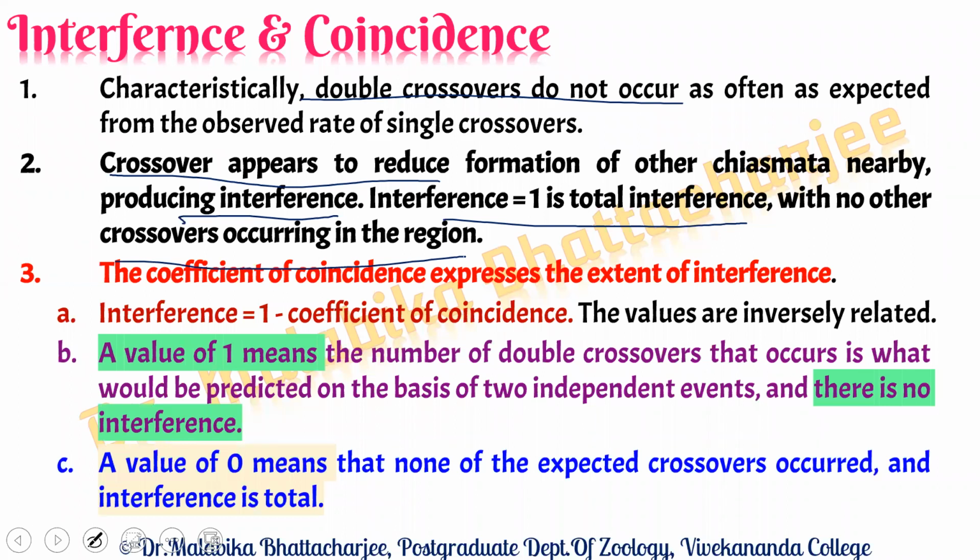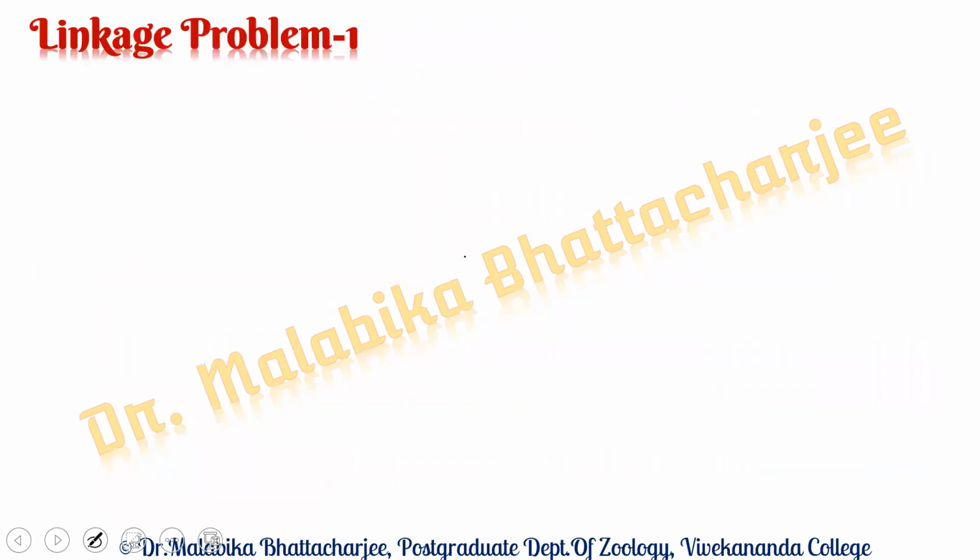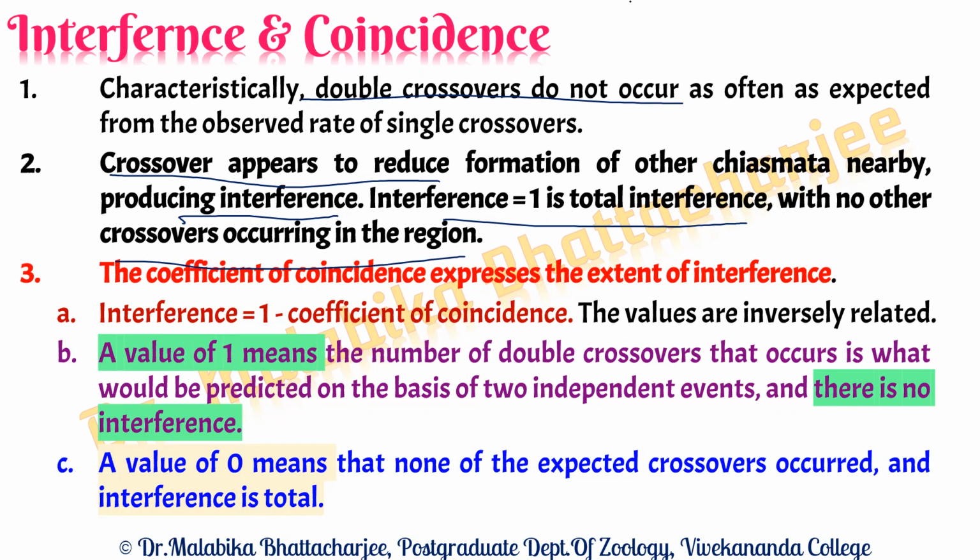But when we have a coefficient of coincidence value 0, that means there are no DCOs, double crossovers, because one crossover event is totally interfering with the formation of another crossover event nearby. So interference is total, and in those cases we will not get a double crossover phenotype. So we'll stop here today.